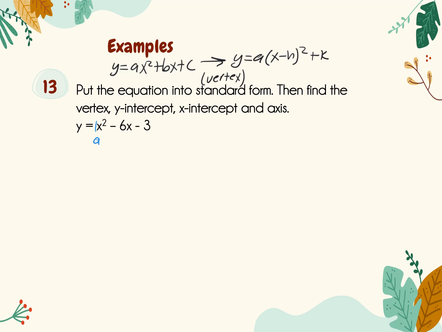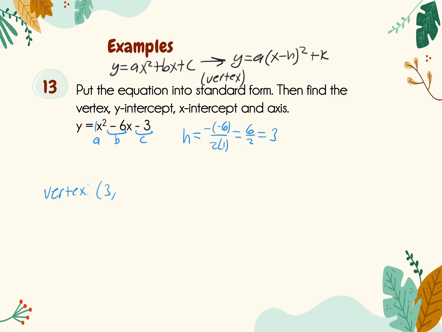So a is going to be 1, b is -6, and c is -3. All right. So then this is going to be h equals -b over 2a, so -6 over 2 times 1, and that's +6 over 2, which is 3. So that means I know my vertex is going to have an x coordinate of 3, right?